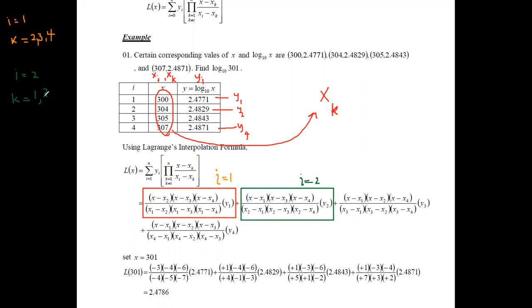Therefore, if I rewrite this set of values, the value is now set to x2. So we can say x2 minus x1, x2 minus x3 and x2 minus x4. These are the values that I am having.